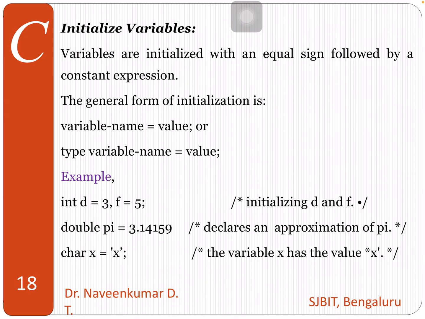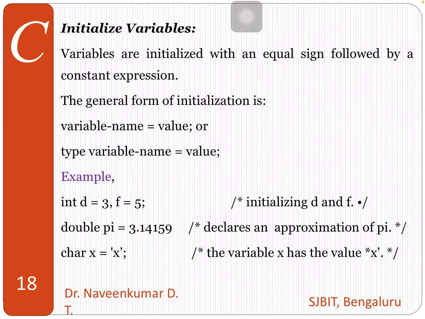Variables can be initialized with an equal sign followed by a constant expression. For example, type variable name equal to value. Here int is a data type, d is a variable, and I have assigned an equal sign after it, equal to 3. That means the value 3 is stored at memory location d.